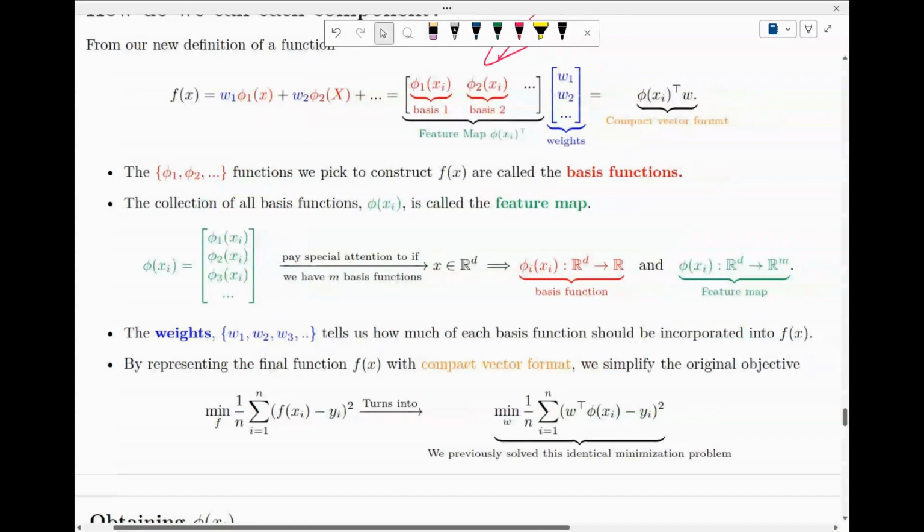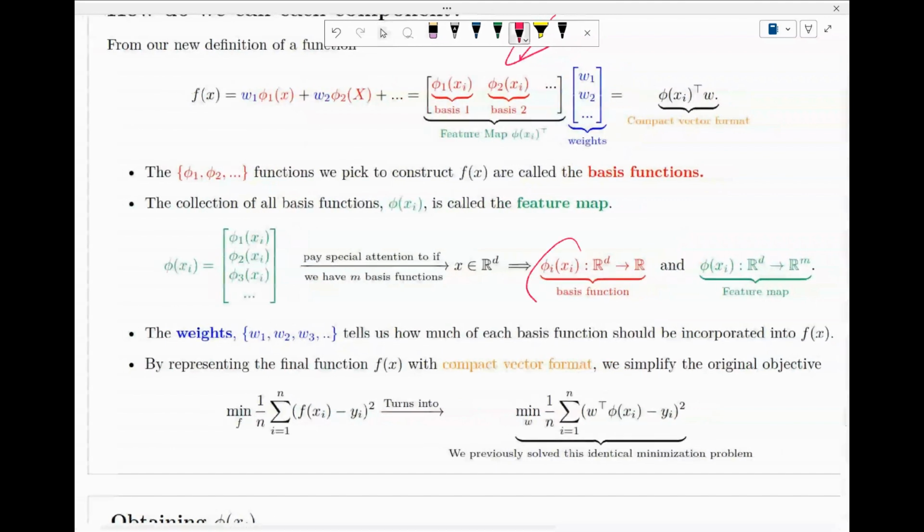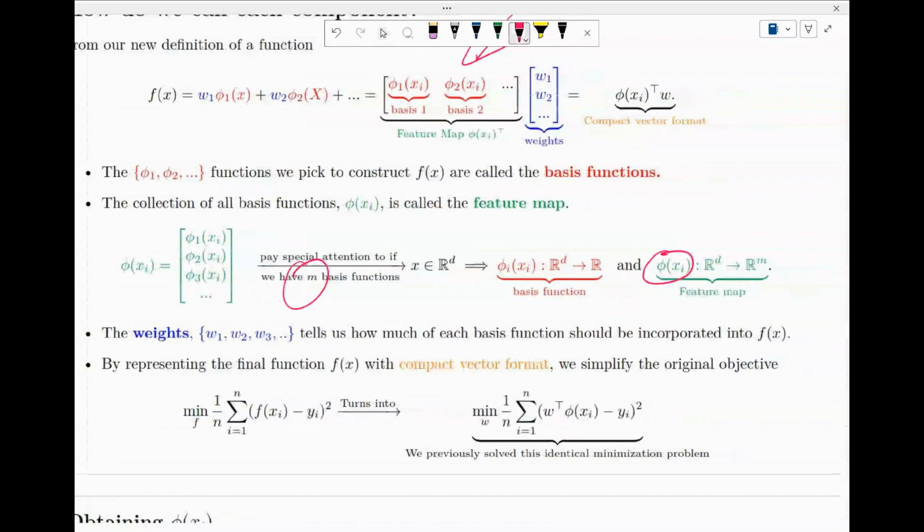Then you need to decide how many basis functions you want. If there are m of them, then your feature map, which has m basis functions, will take d dimensions as input but will output m dimensions. So you've got to get the dimensions straightened out.